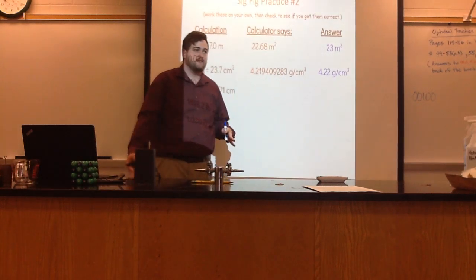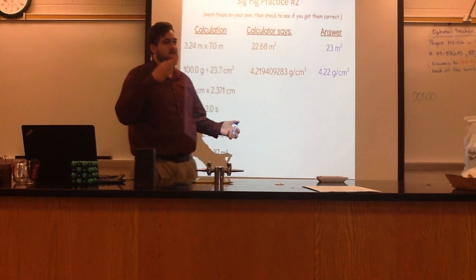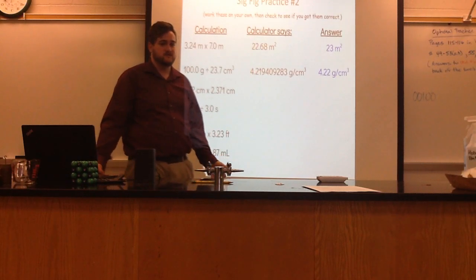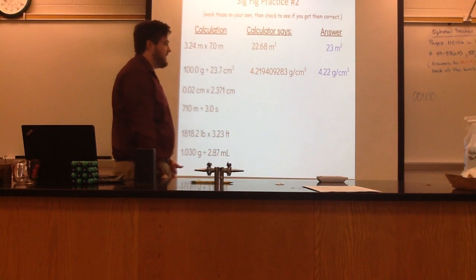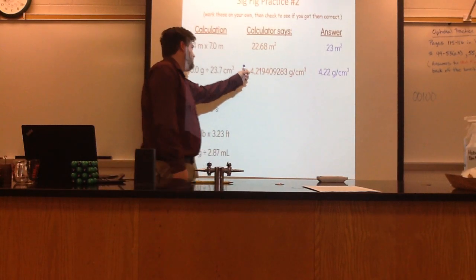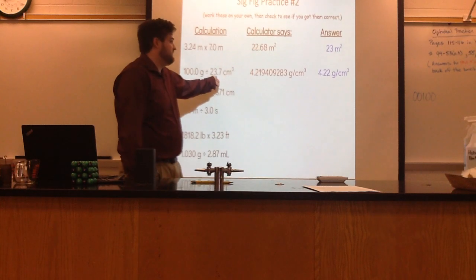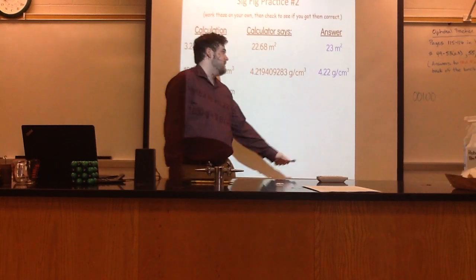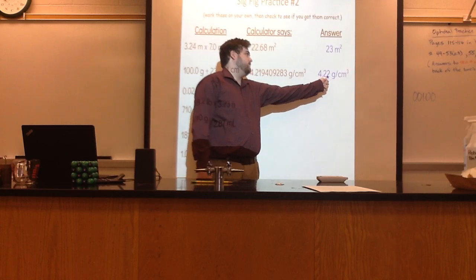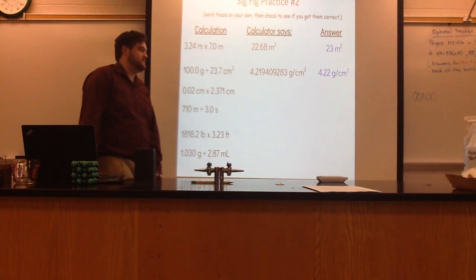That's the point of sig figs, so that when we do calculations with our measurements to find new data, make new conclusions, and verify hypotheses, we can only go so far with this. That's why we use our rules of significant figures. So again, 3 significant figures here, 3 significant figures here, with 4.22 grams per centimeter cubed.